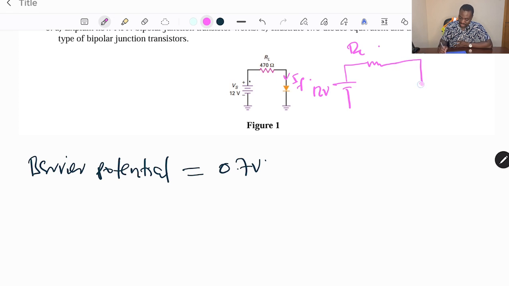And the equivalent diode model is just the barrier potential of 0.7 volts, then we have a closed switch here.